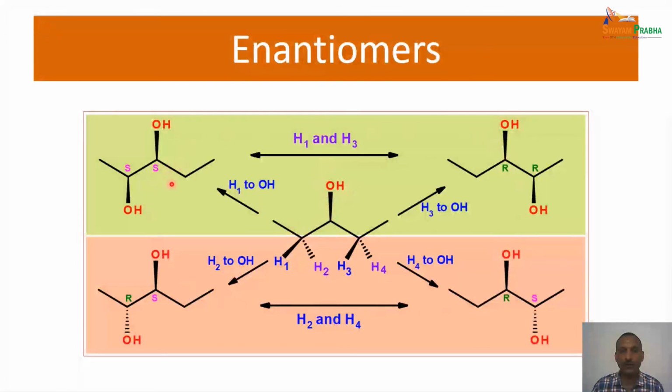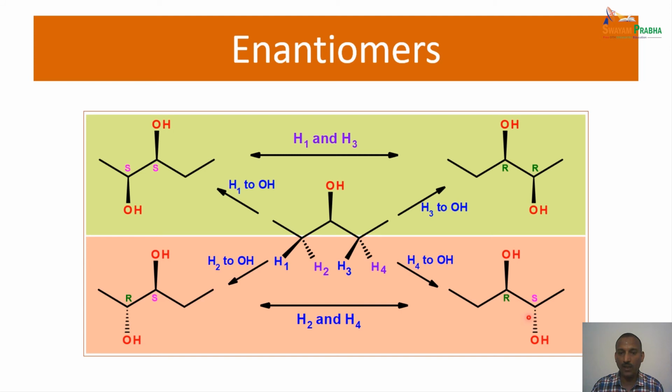So now we will have to see which two are enantiomers. If we replace the H1 with OH as shown here, we get the S isomer. And if the third hydrogen is replaced, we get this particular isomer, which is the RR isomer. So this is SS becoming RR. These two are enantiomers. And in this particular case, the second hydrogen, which is behind, is converted to OH.